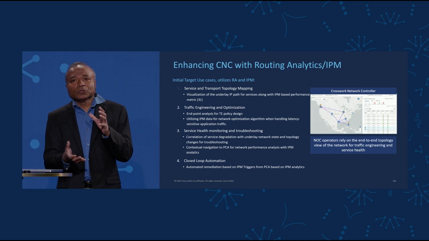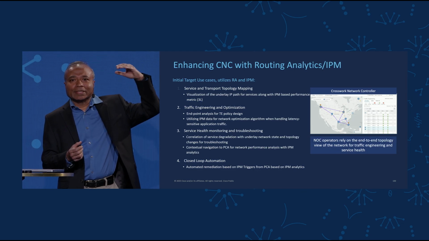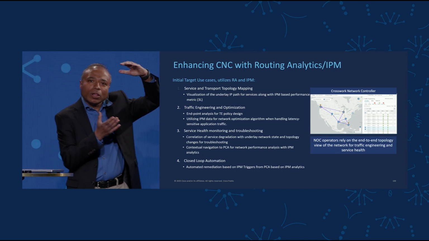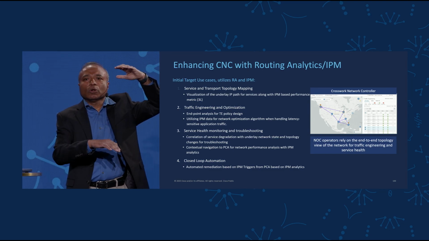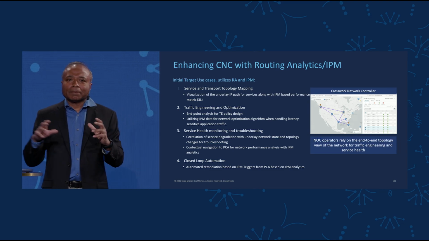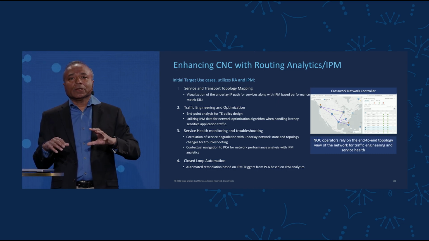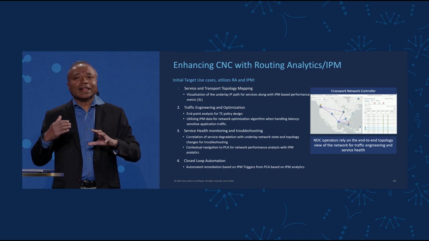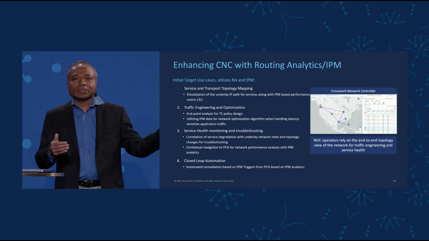So what we try to do in the service health monitoring is to model the dependency between the services and all the underlying infrastructure components, whether it's data plane or the control plane components like BGP health, PCEP health, data plane. And that is done because we also monitor the health of those components. Any of the components that get degraded could impact the service health.